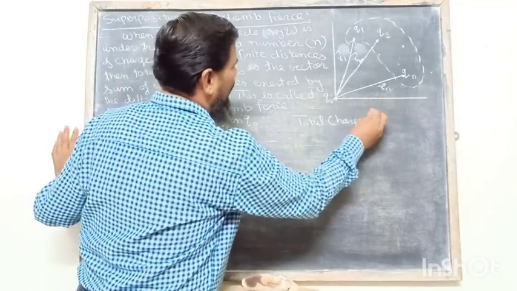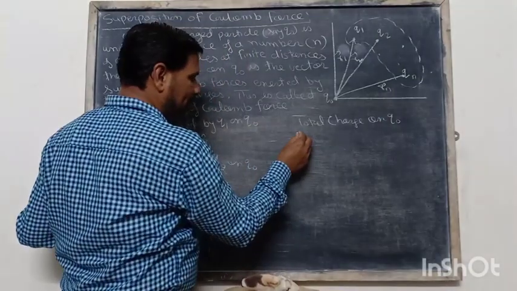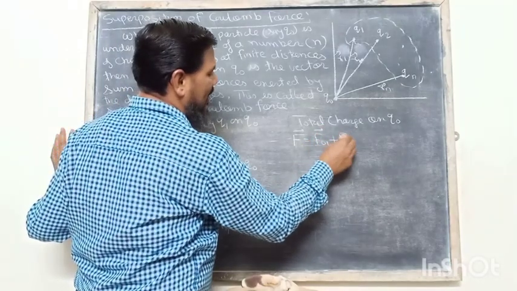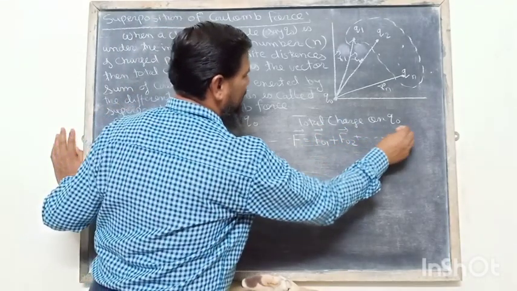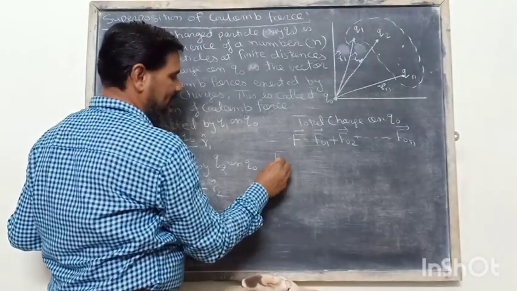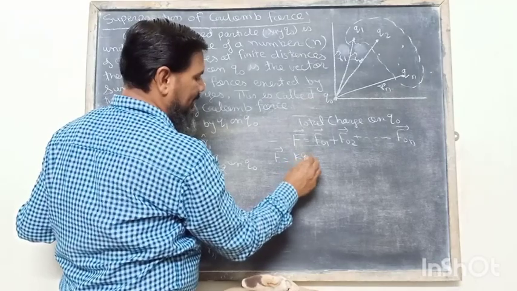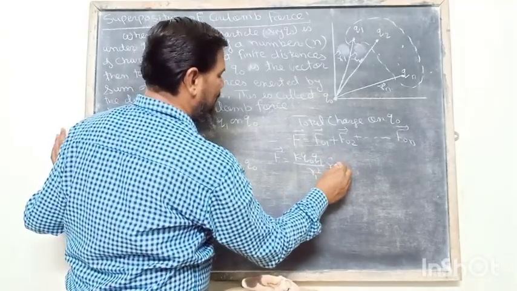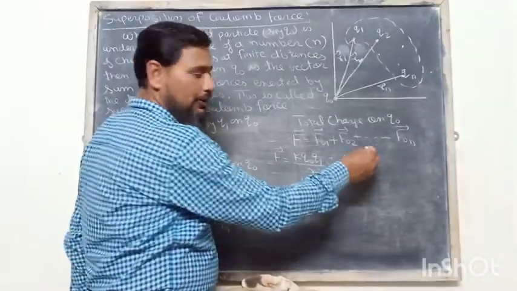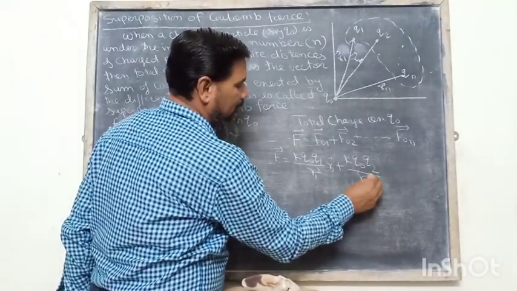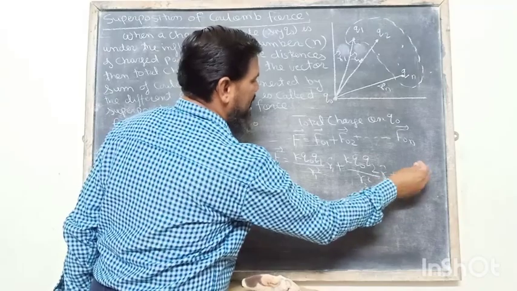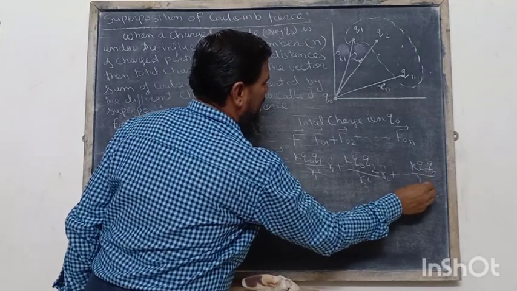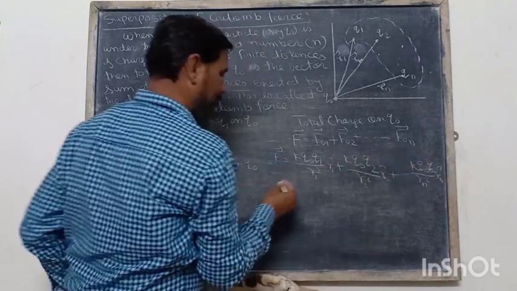The total force on Q0 is the vector sum, F equal to F01 plus F02 plus up to F0n. That is, F is equal to K Q0 Q1 upon R1 square R1 cap plus K Q0 Q2 upon R2 square R2 cap, and so on up to K Q0 Qn upon Rn square Rn cap.